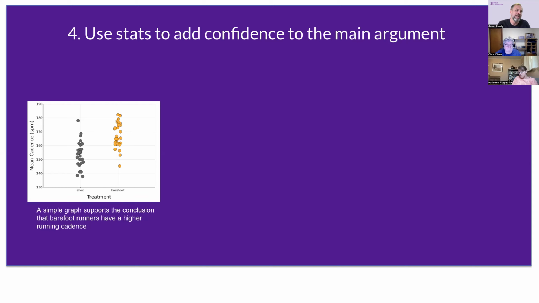So for example, this is a simple experiment where we had runners running both shod, with shoes on, and running barefoot, and we were looking at what their running cadence is. And so we can see that this cluster of points for the barefoot runners is shifted upward, and it looks like on average they maybe have a higher running cadence than runners wearing shoes, but there's a lot of overlap between the two groups.